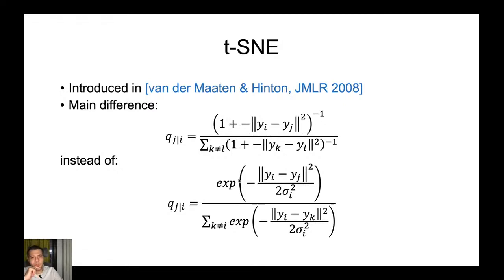Instead of using the exponential here, we use 1 plus the distance between pairs of points, and this is raised to the power of -1. So this is 1 divided by this, actually.